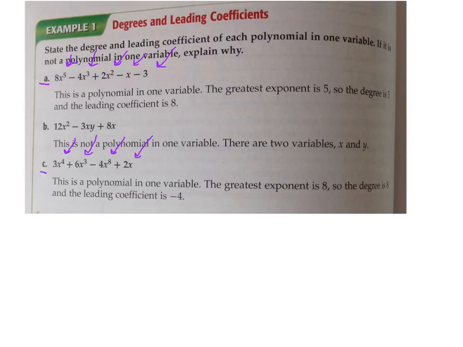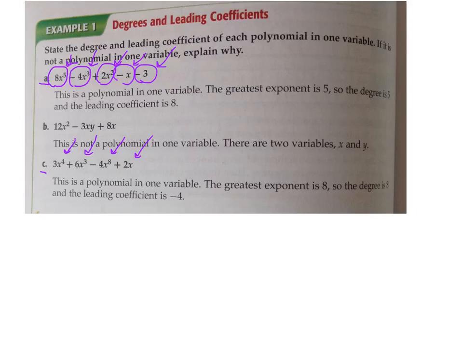The reason I'm pointing this out is that the degree of the polynomial is the same as the term with the highest degree within that polynomial. The first term has degree 5, second term has degree 3, degree 2, degree 1, and degree 0.